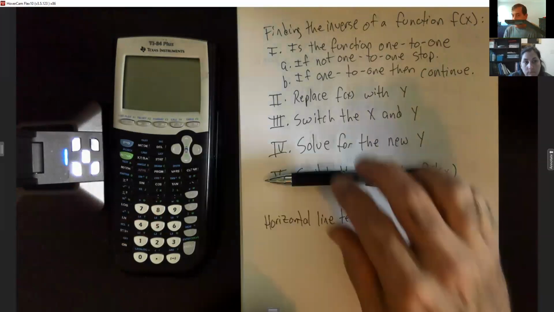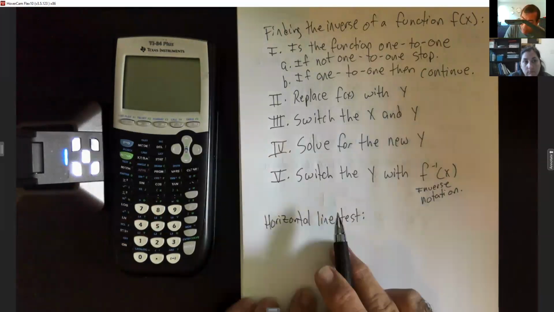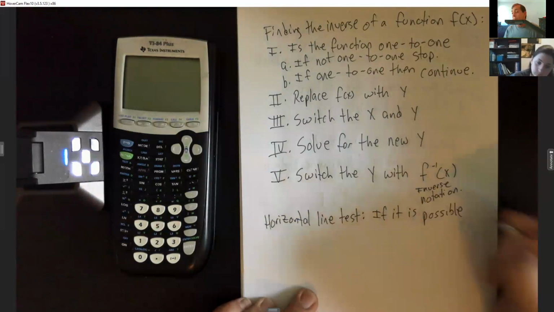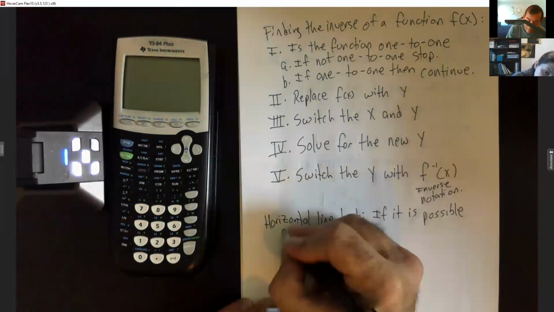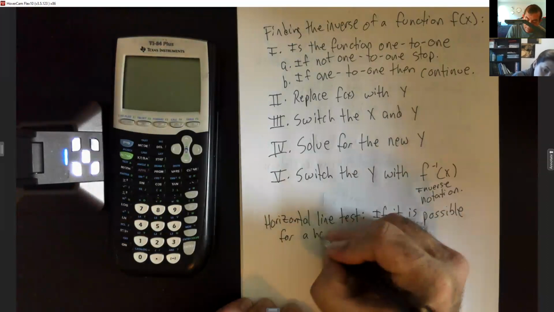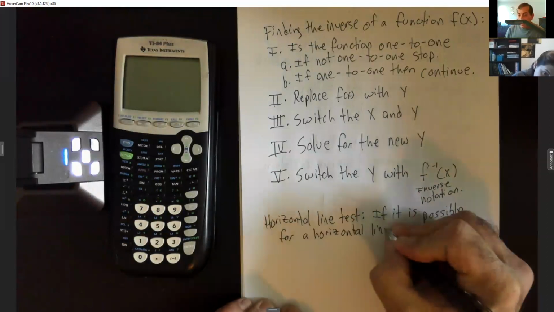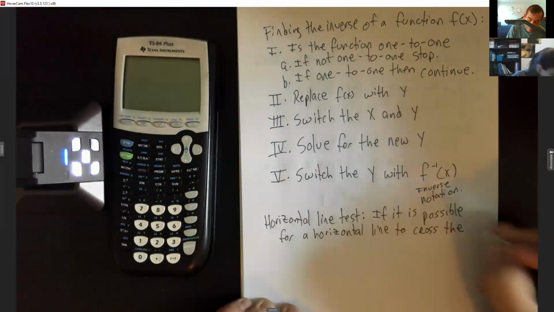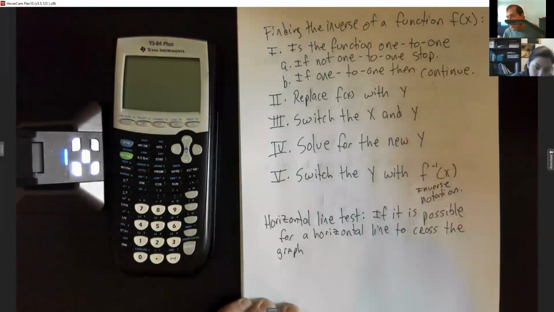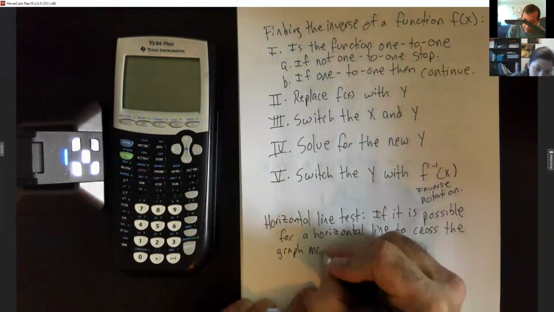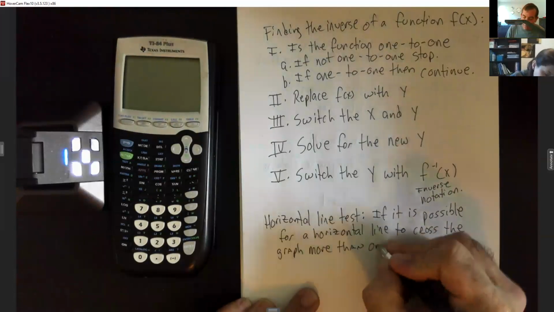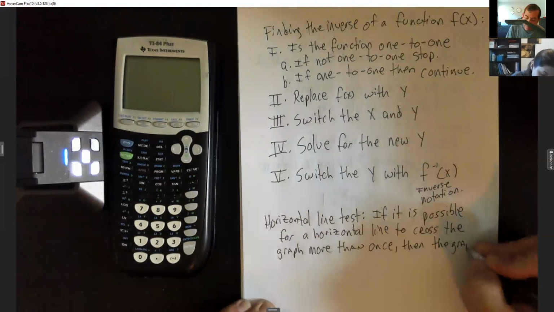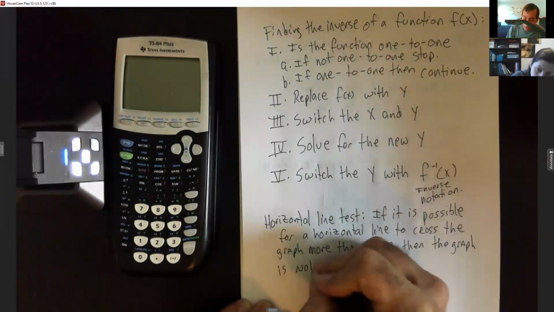So the horizontal line test tells me that if it is possible for a horizontal line to cross the graph more than once, then the graph is not 1-to-1.